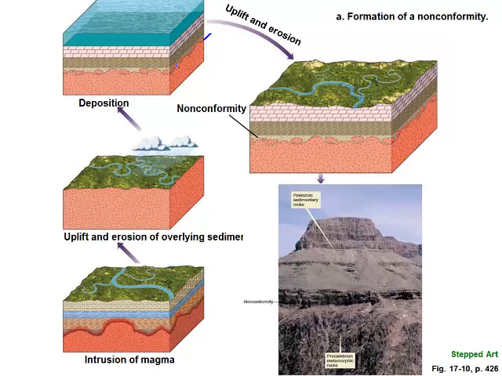It basically gets rid of whatever was on top, and you get more uplift and erosion, but you get deposition of new layers. This is actually one of the more difficult ones to figure out what was going on, because this is the Grand Canyon, where you have sedimentary rocks from the Paleozoic and the Precambrian rocks, so this would be the Vishnu schist and whatever's on top of that.